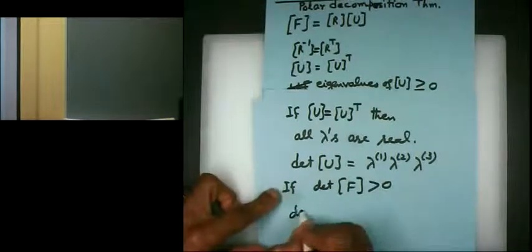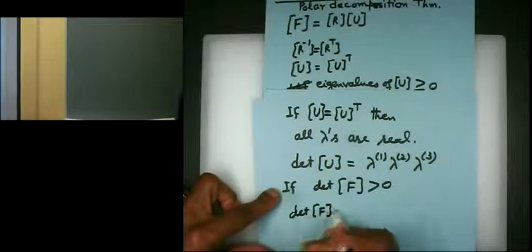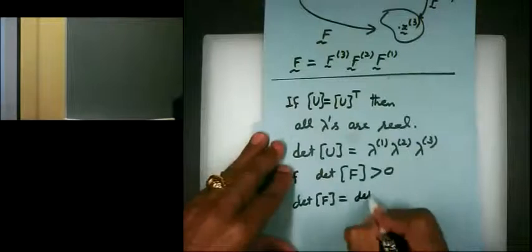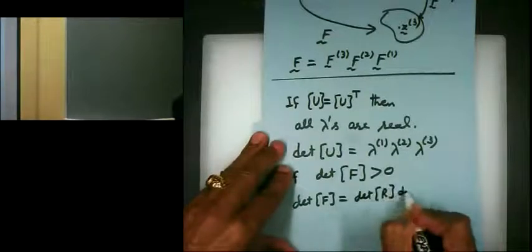So what is the determinant of F? From this equation, F is equal to RU. It's the product of the determinant of R and the determinant of U.